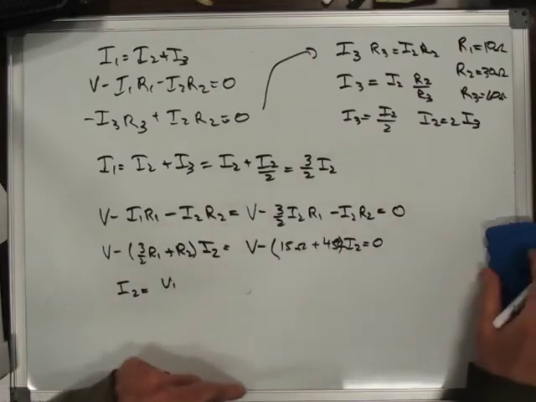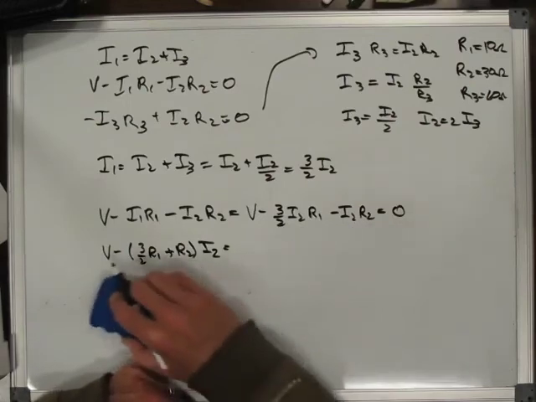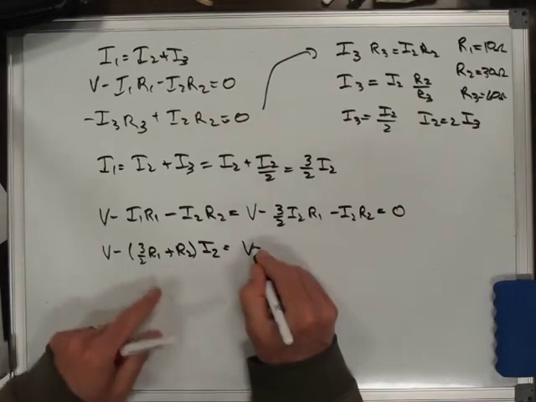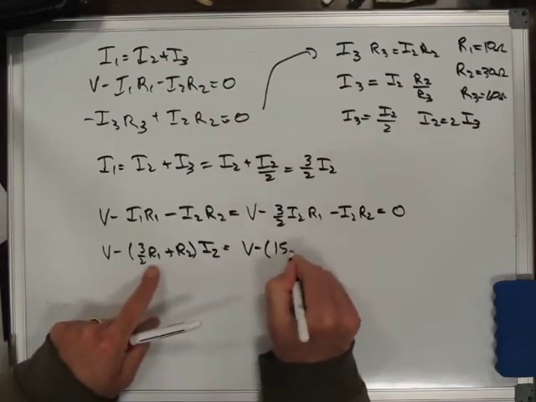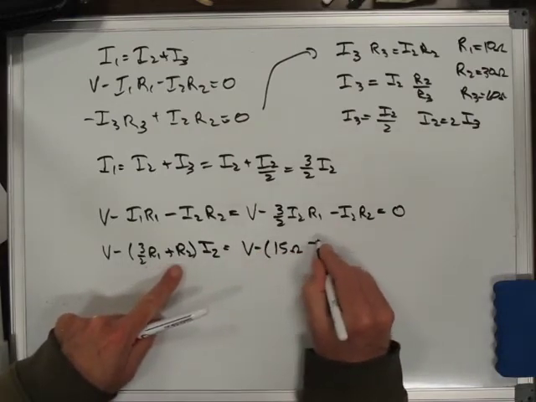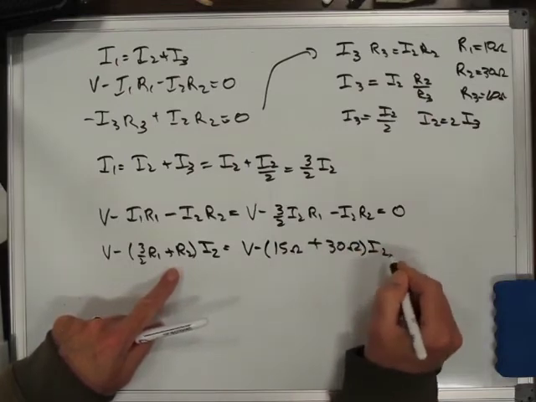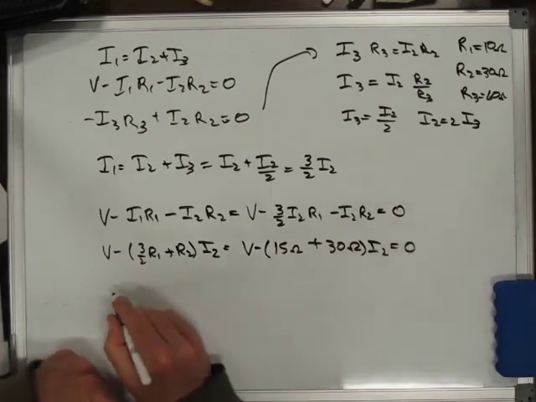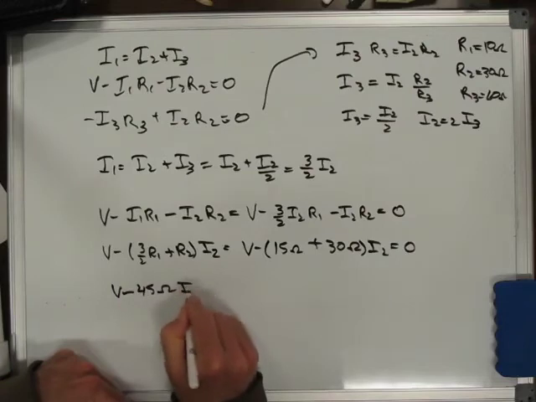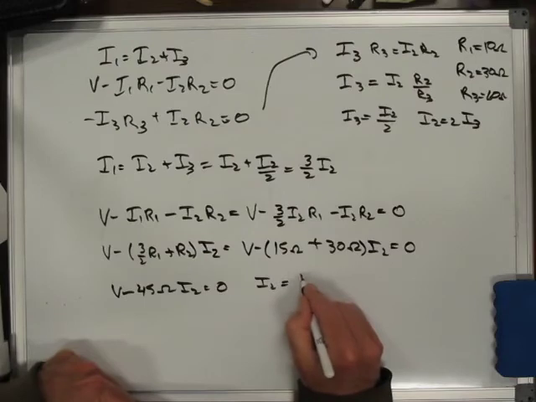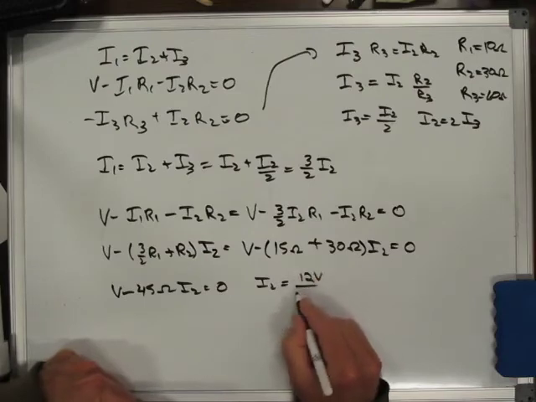Minor error there, sorry. That's V minus (3/2 R1, which is 15, plus 30). The whole thing is 45 times I2 equals 0. And so V minus 45 ohms times I2 equals 0.